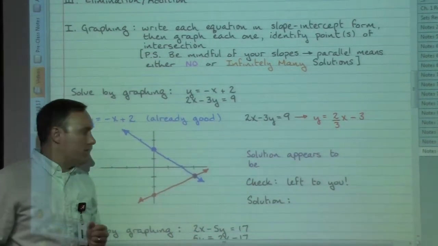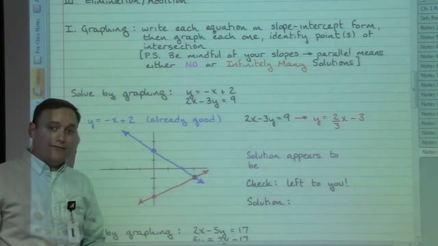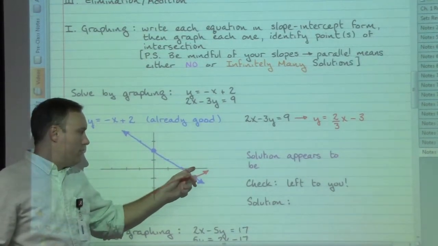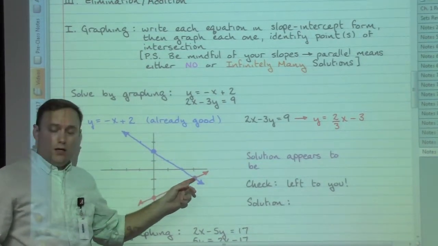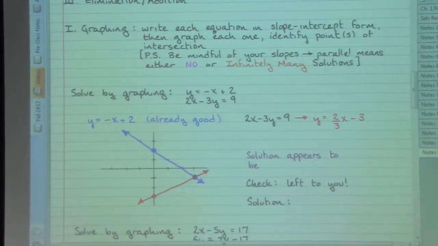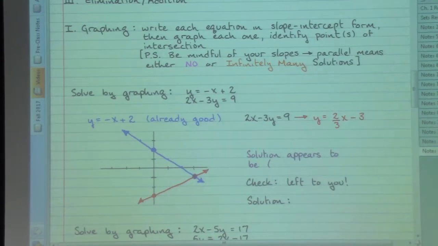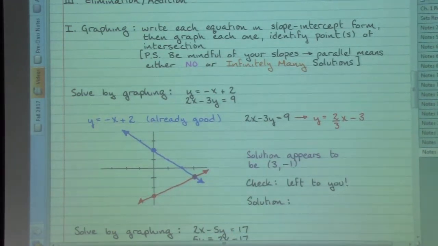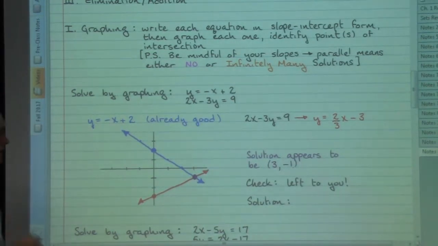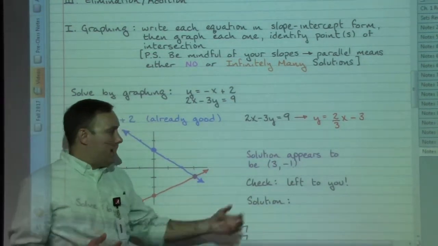We have what appears to be our solution, our point of intersection, and that would be 1, 2, 3, down 1. So it seems like we are looking at the point (3, -1). We can, like we've done with other times that we've solved, check our answer.